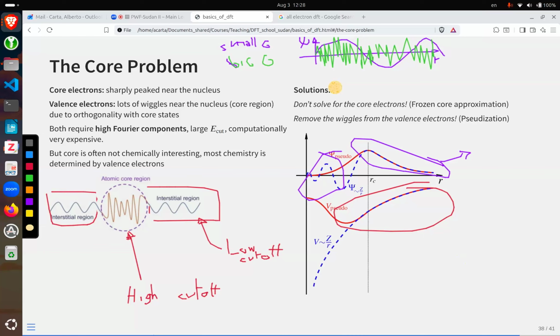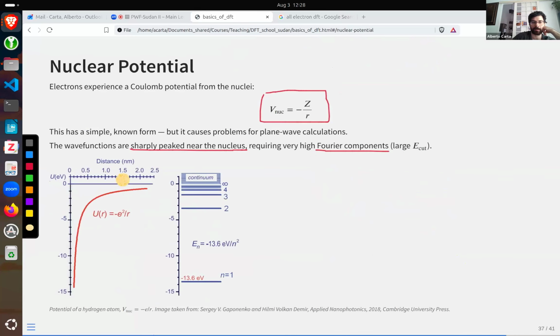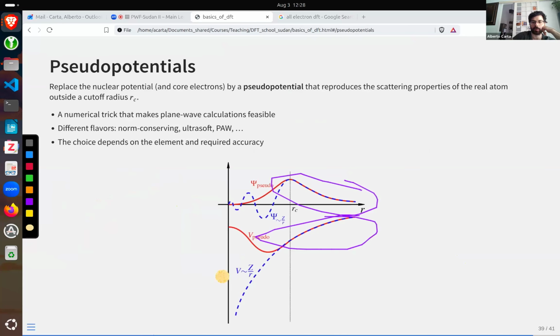Then what is Z over R? This is the Coulomb, so the true potential. We want to take away the true potential and substitute it with the smoother potential. So Z over R is the Coulomb part.